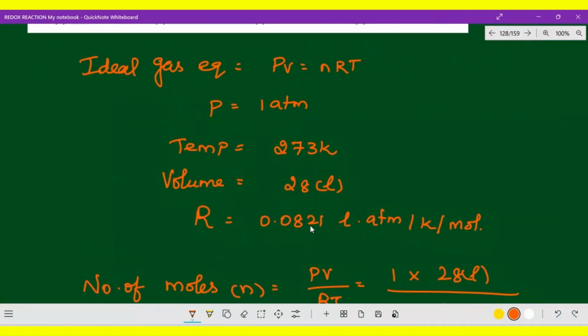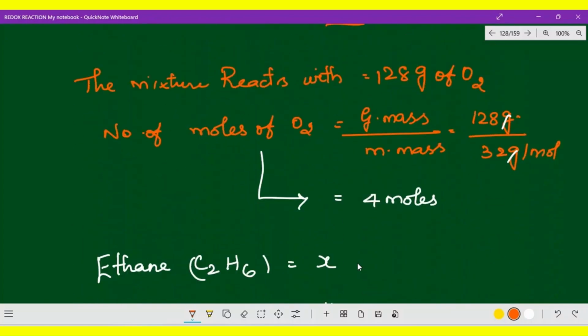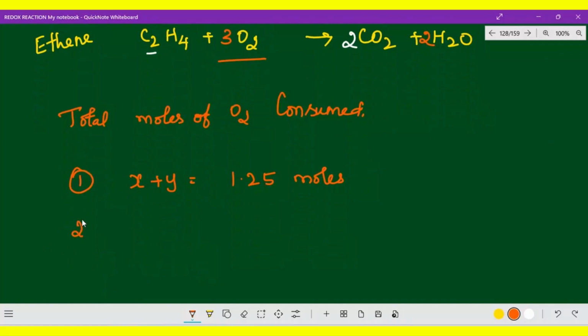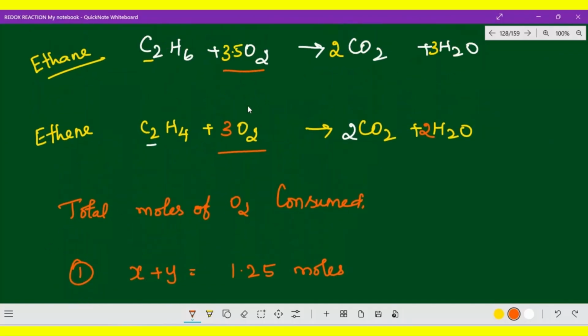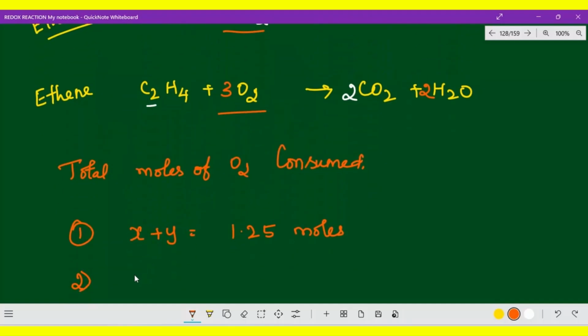So we collected all the data and calculated the number of moles. That one we can take as the first equation. And for the second equation, we take how much oxygen is consumed in both the reactions. So here, 3.5 X plus 3 Y equal to how many moles here?